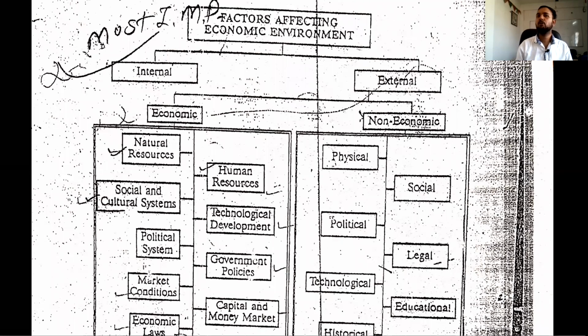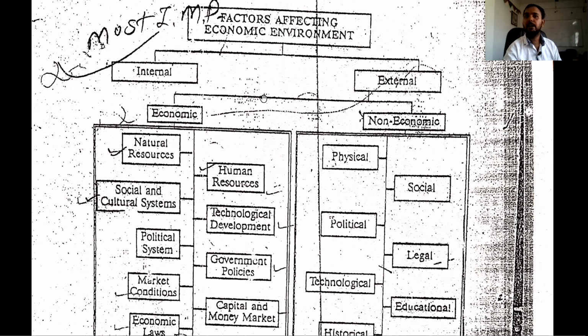Factors affecting the economic environment. There are two different factors, internal factors and external factors. I have already told you that internal factors are the factors over which the company has some control. And then there are external factors. In the external factors, there are two different types, economic and non-economic factors.